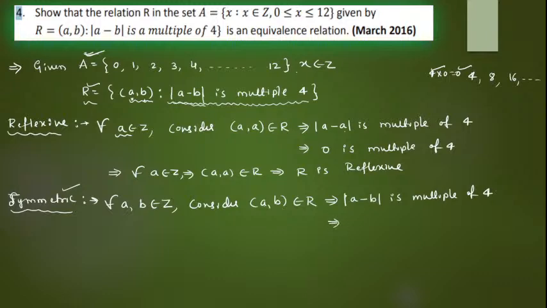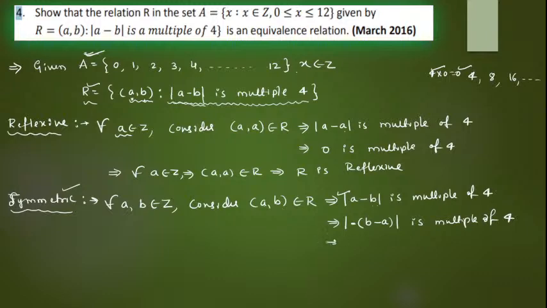So look at this. By taking this sentence only, I will prove this. Modulus of A minus B, take minus outside, same procedure as usual. So symmetric condition you have to prove this. Take minus outside, what happens? They will interchange their places, so it becomes B minus A. Modulus, same sentence, is a multiple of 4.